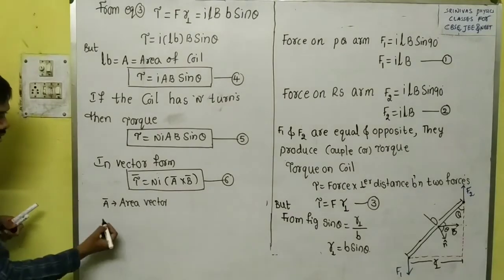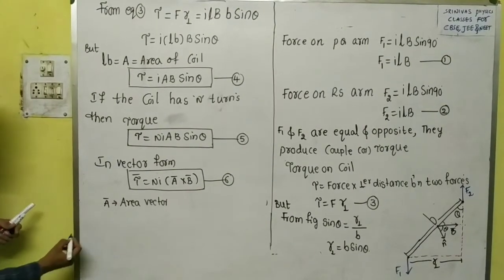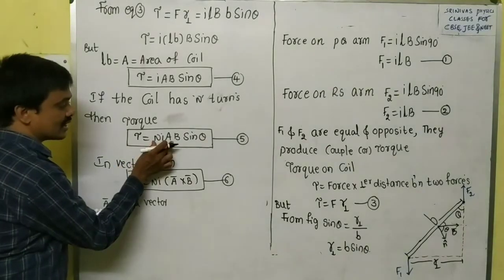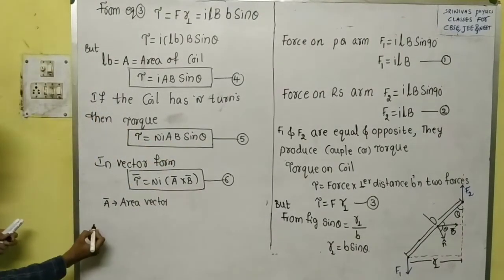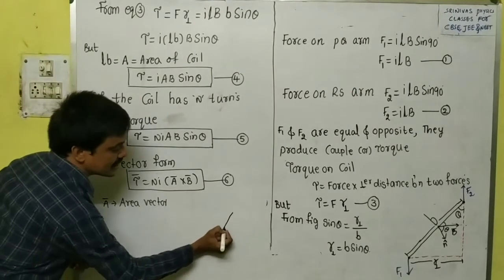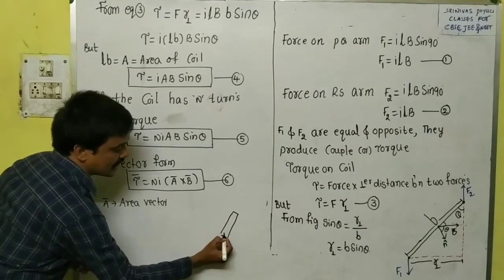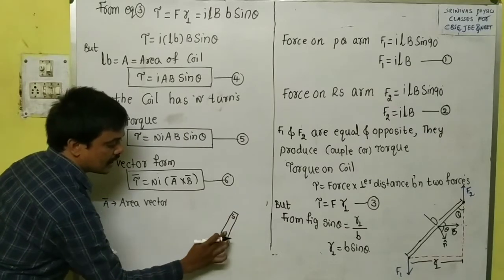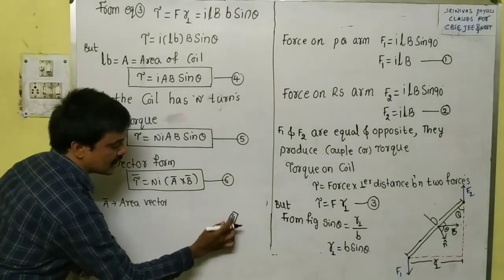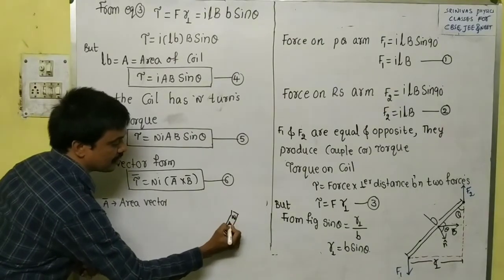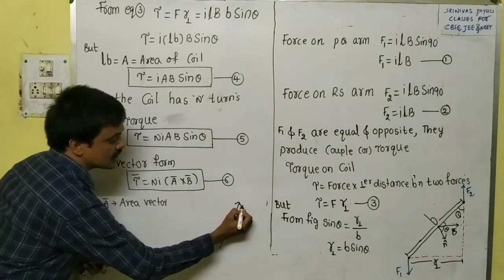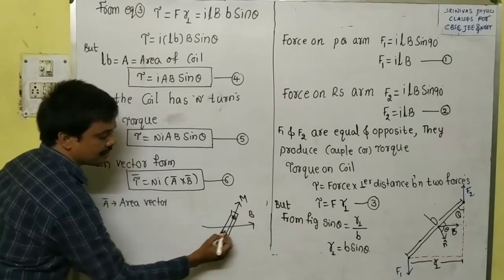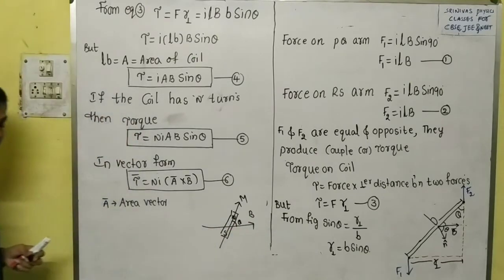And next we can also write the torque on a magnet. If a magnet is there, this NIA we can also write as the magnetic moment. For example, this is a magnet. This magnet has a north pole and a south pole. This is the south pole and this is the north pole. This is the magnetic moment, and it is placed in an external magnetic field. It will experience a torque.